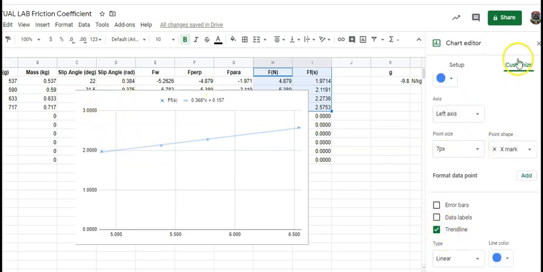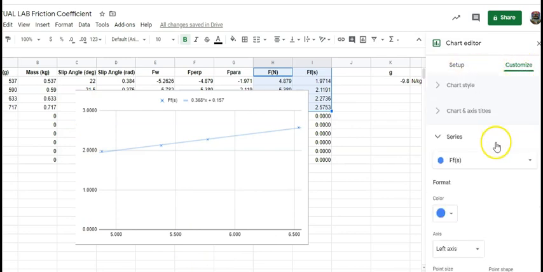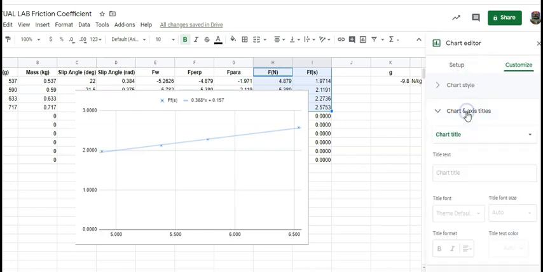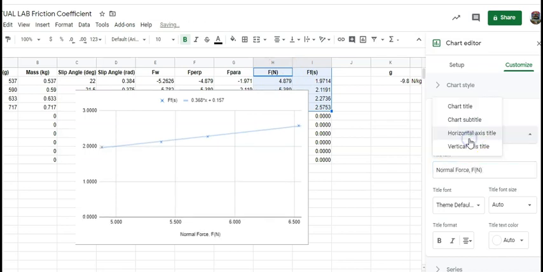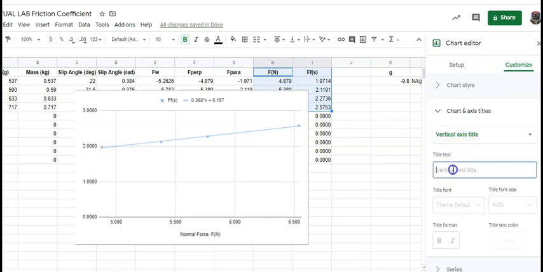If it hasn't properly put in our labels for the x and y axis, we need to come and do that. So scroll up, close that, go to chart axis and titles, x-axis, which is the normal force, and our y-axis, which is frictional force.